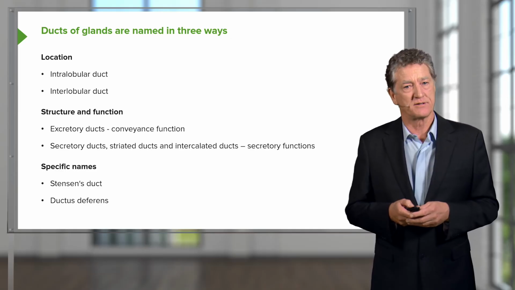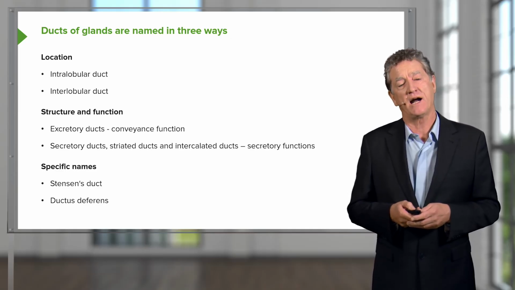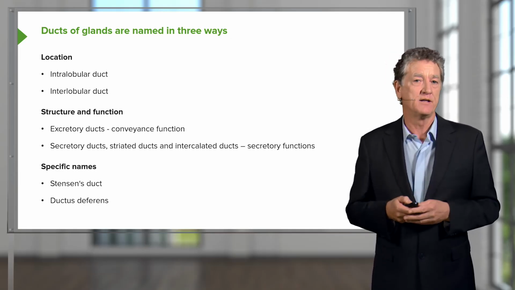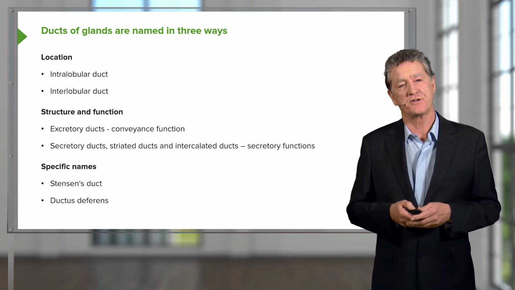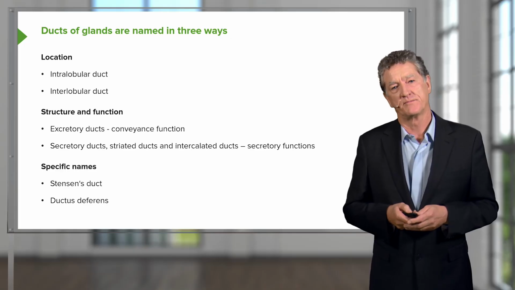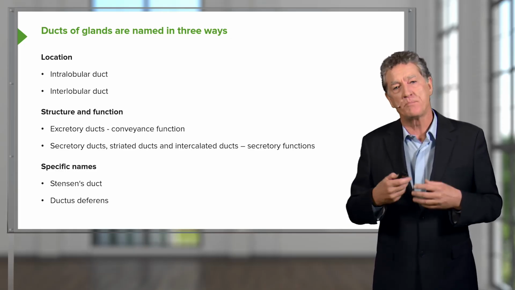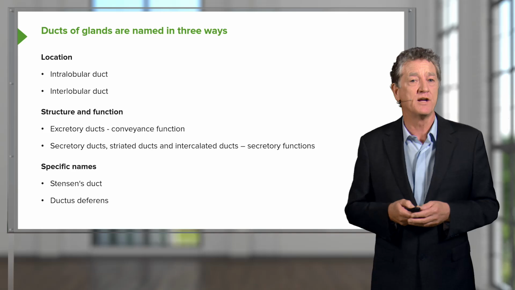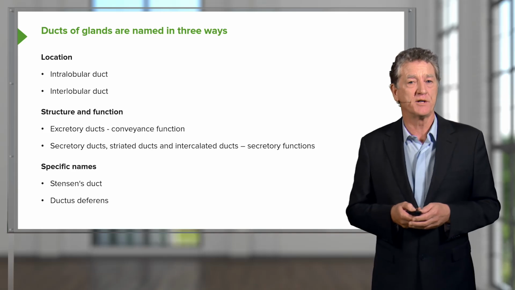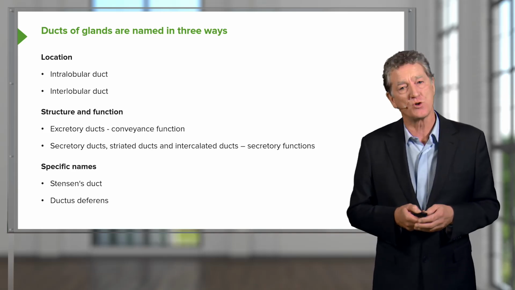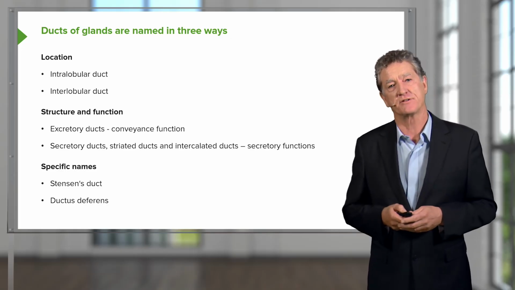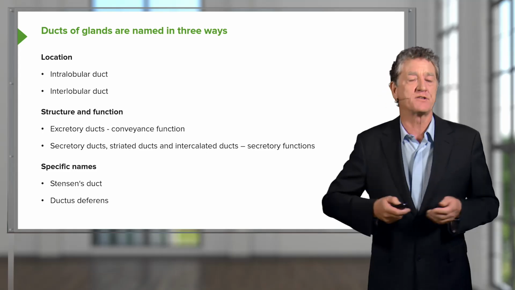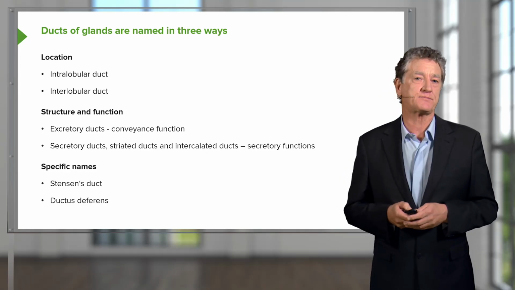But a lot of the secretory ducts are involved with changing the compounds, the components of the secretory products. They change the components because they're involved with transport of material into the lumen and the absorption of material from the lumen. So they all have a secretory function, just as much as the secretory cells do.